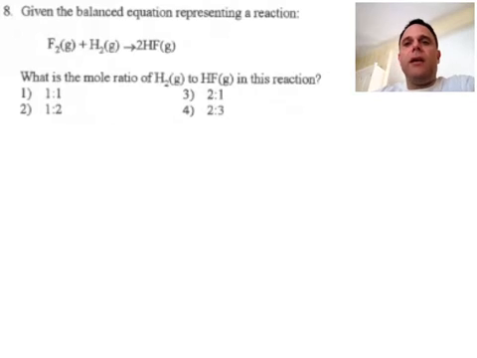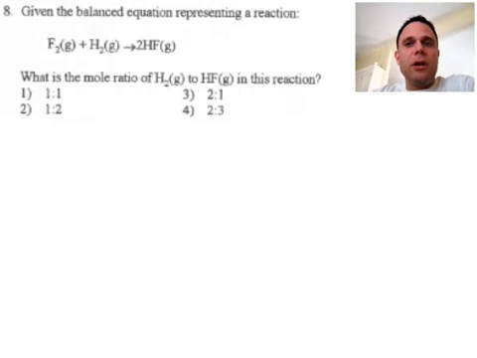On to question 8. Given the balanced equation, now it is balanced equation representing a reaction. We have fluorine and hydrogen, both diatomic gases, combining to form 2 moles of hydrogen fluoride.